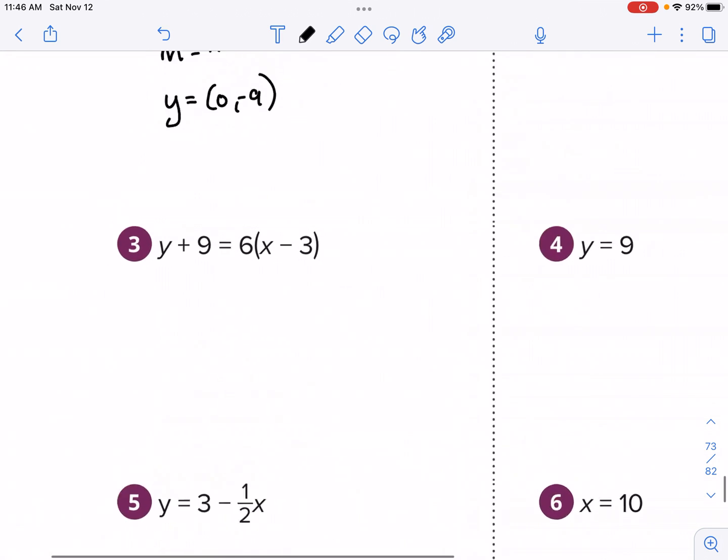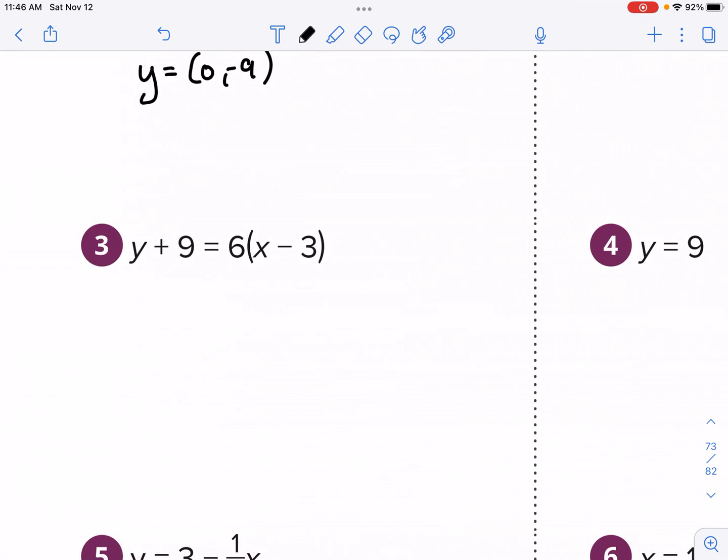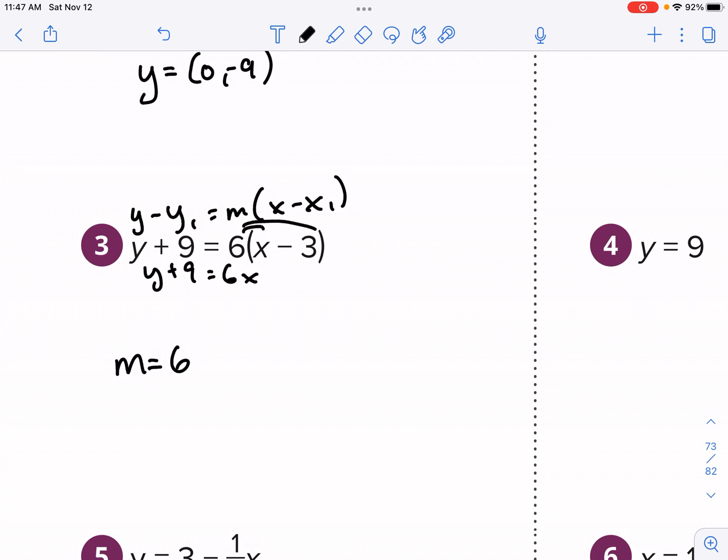Okay. And then here, we know that the slope is 6. This is in point slope form. You don't have to rewrite this, but just so that we refamiliarize ourselves with this. In order to find the y-intercept here, you do have to simplify. So this is y plus 9 equal to 6x, and then 6 times -3 is -18. And to get the final answer, you'd have to get y by itself.